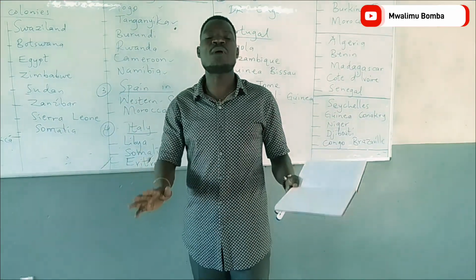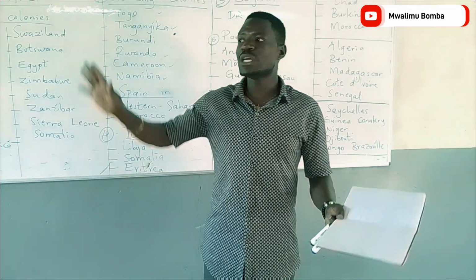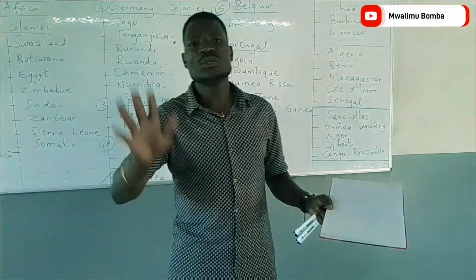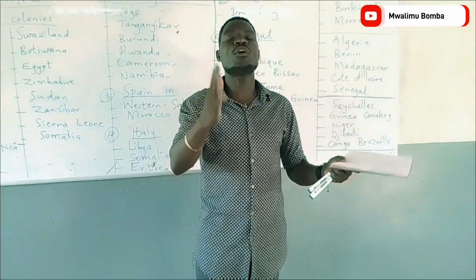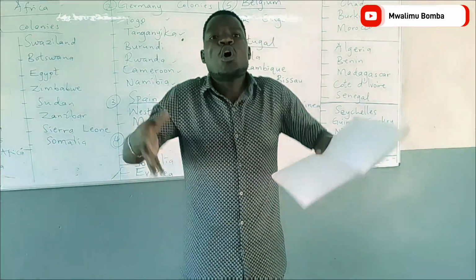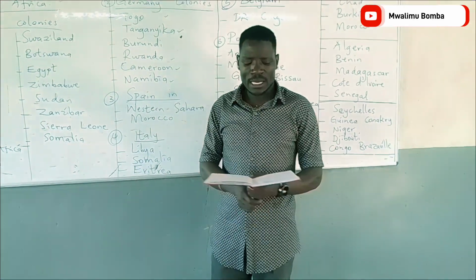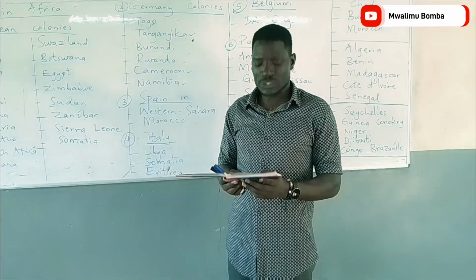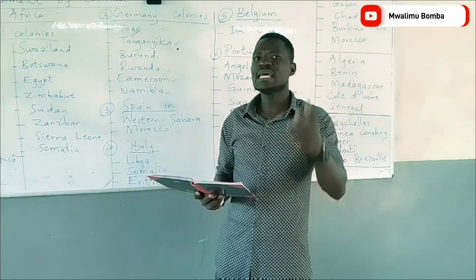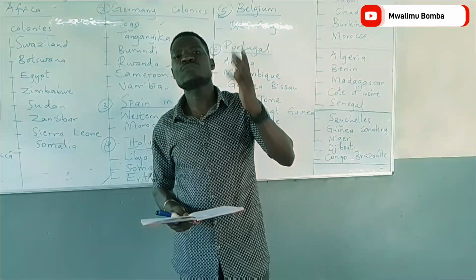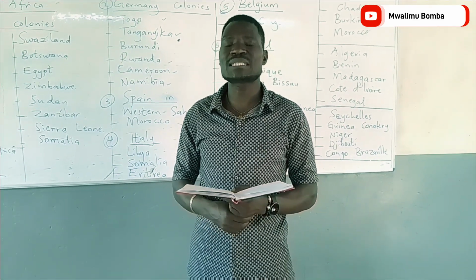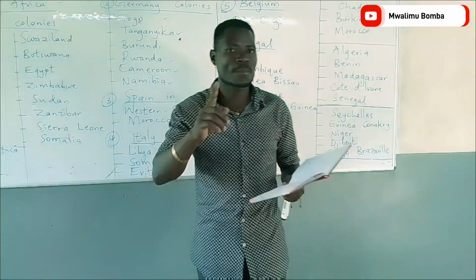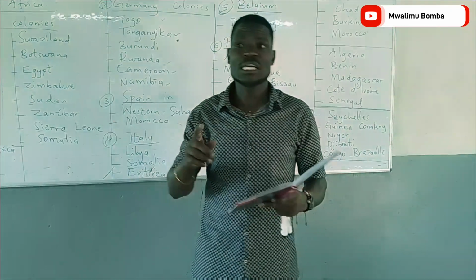Every European country was free to navigate and use those rivers freely, and no power was to own those 2 physical features. Number 3, the abolition of slave trade and introduction of legitimate trade was also a term of the Berlin Conference.